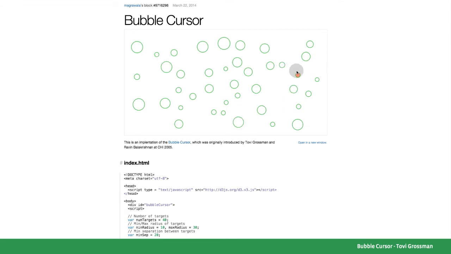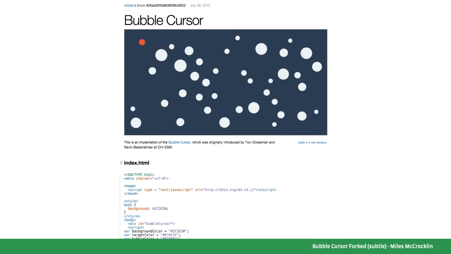So Fitts's law defines the size of the point and the distance from your cursor to that point. The bubble cursor is defining Fitts's law to you in real time as you're interacting with the information. So you're no longer bounded by the data that you're actually displaying.